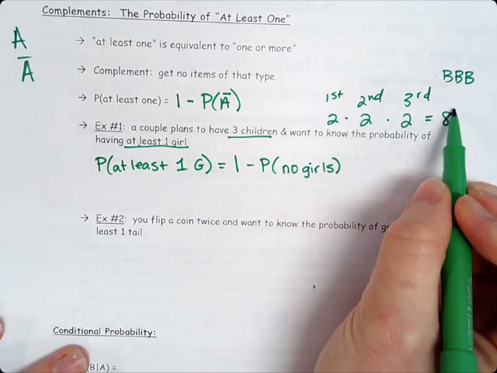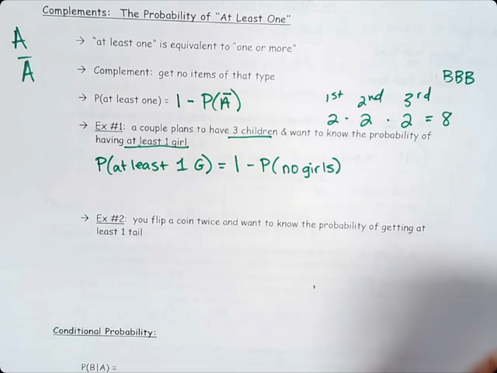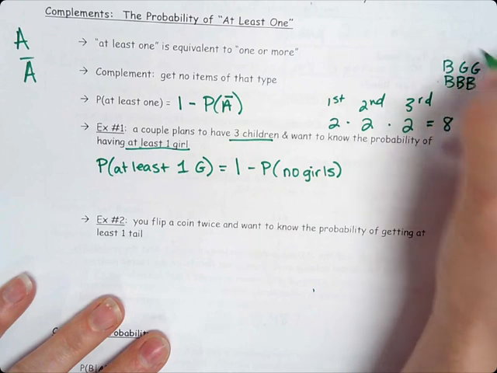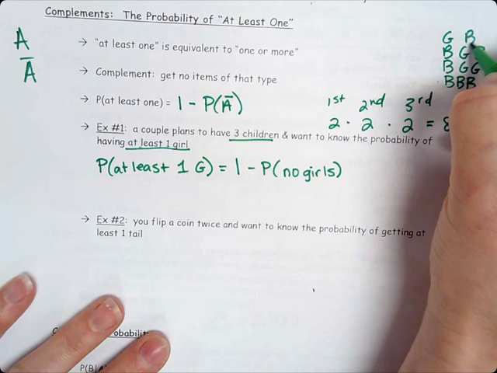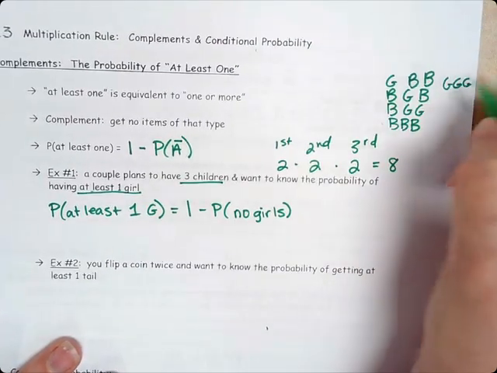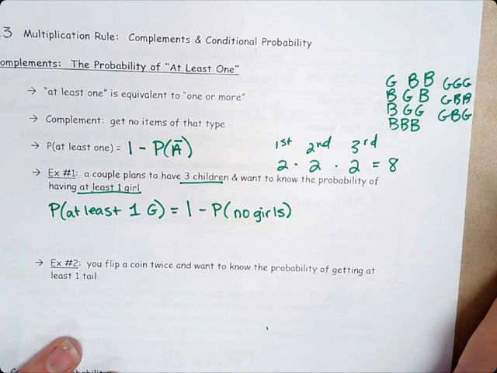If you weren't sure about this, you could list out every single event that could happen. So boy, boy, boy, we have boy, girl, girl, boy, girl, boy, girl, boy, boy, girl, girl, girl, girl, boy, boy, girl, boy, girl, and what's the last one I'm missing?